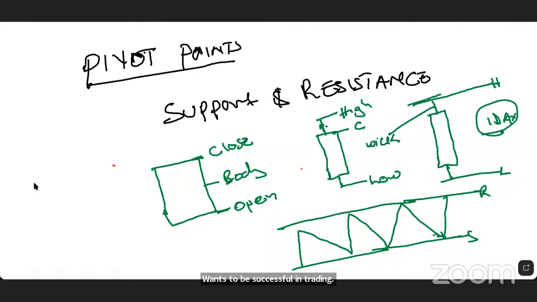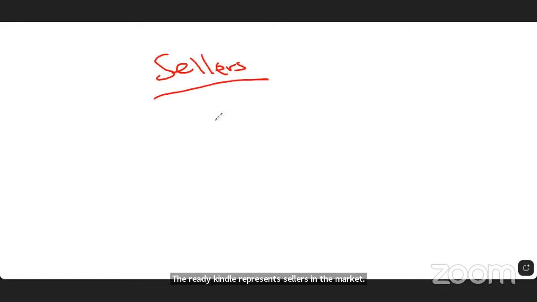Vis-a-vis, the red candle, still the same stuff. The red candle represents sellers in the market. And for it, it starts from above, going below, because sellers push the market down, buyers push the market up.